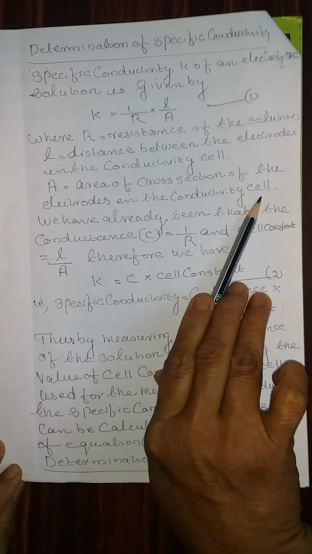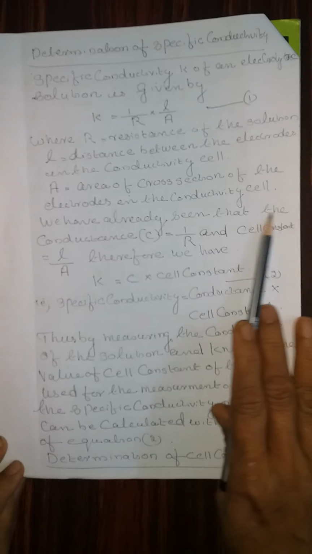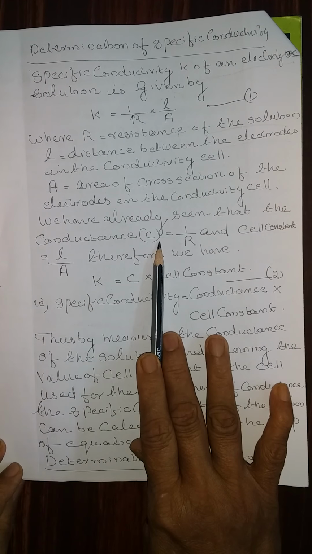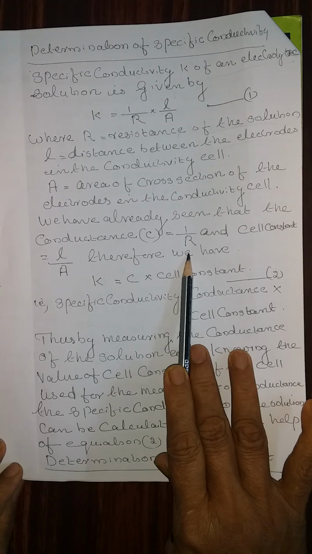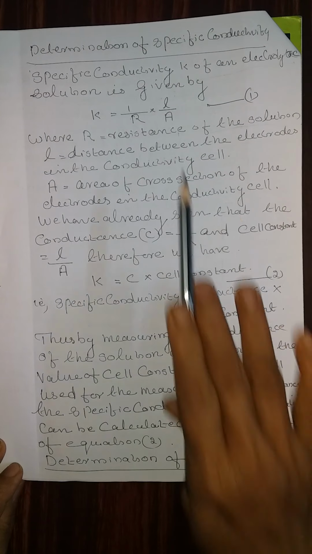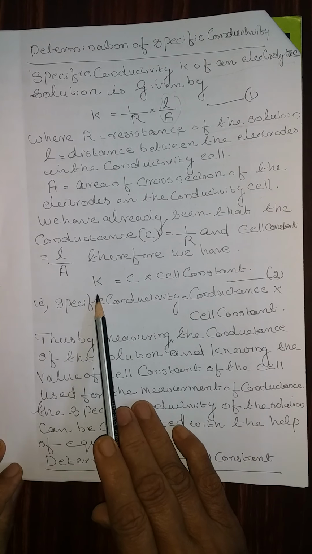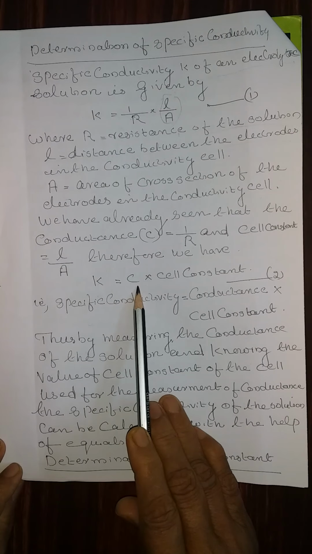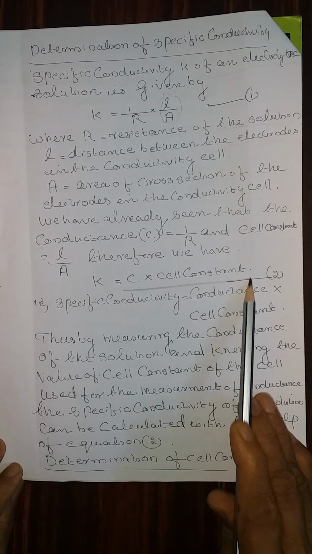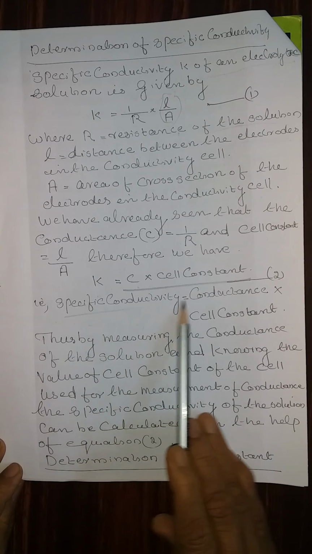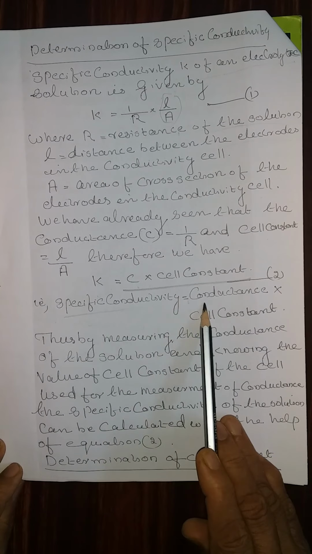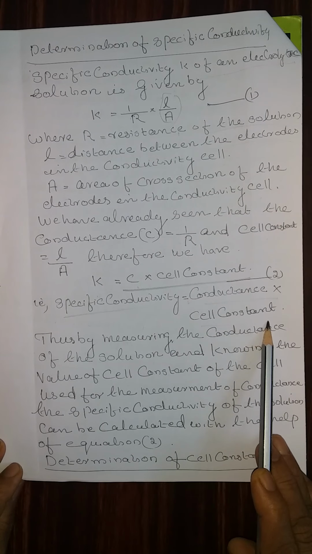We have already seen that conductance is equal to 1 by R, and this l by A is the cell constant. Therefore, kappa is equal to C into cell constant. That is, specific conductivity is equal to conductance into cell constant.